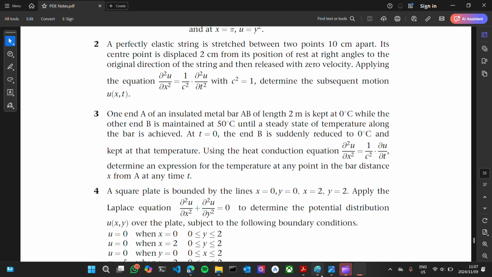Okay, so with this one here, we have an initial condition where the heat at A is 0 and at B, which is 2 meters away, is equal to 50, right?